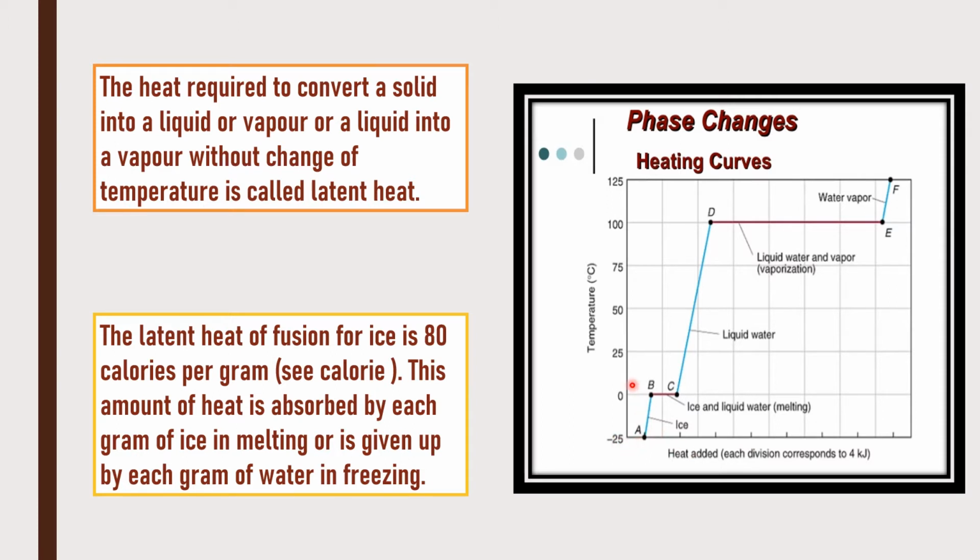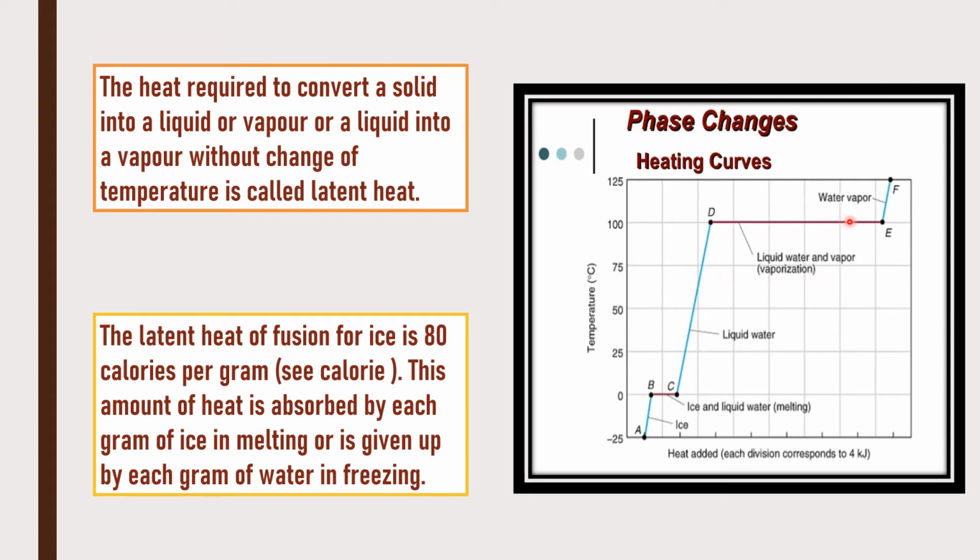Here, this is ice, and ice and liquid water melting. See the temperature. Temperature is constant, that is 0 degrees Celsius. After that, again temperature changes occur, liquid water, and it reaches the boiling point of water, that is 100 degrees Celsius. So again at 100 degrees Celsius, liquid water and vapor, that is vaporization occurs.